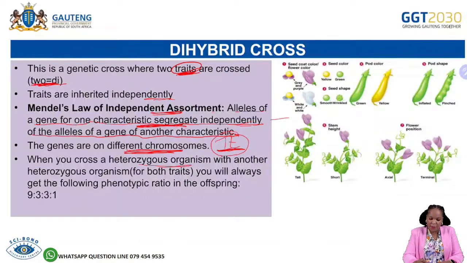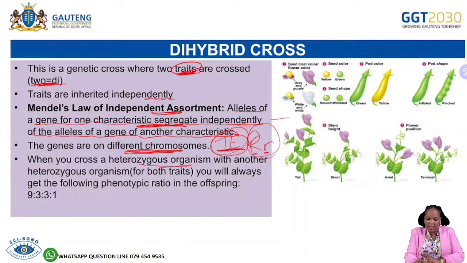So if you cross a heterozygous organism with another heterozygous organism for both traits, maybe tall and round, that is the shape. You see, this big R and small r are heterozygous for the shape. This big T and small t are heterozygous for the height.